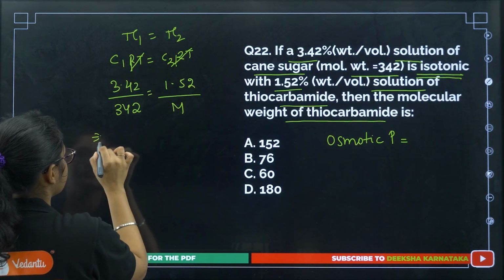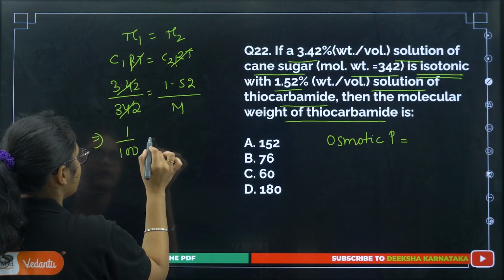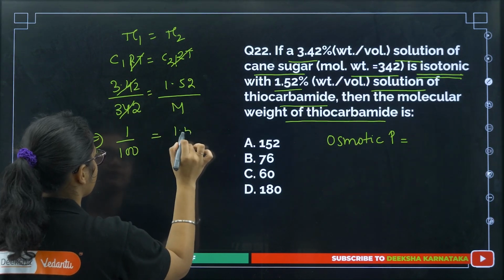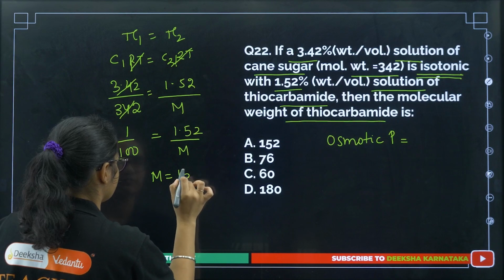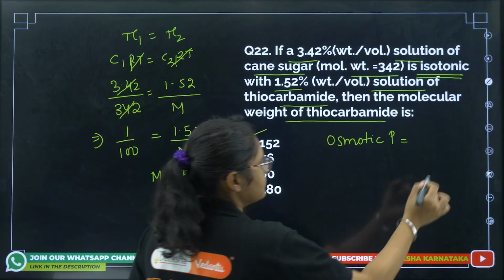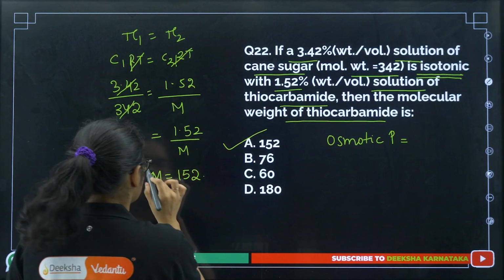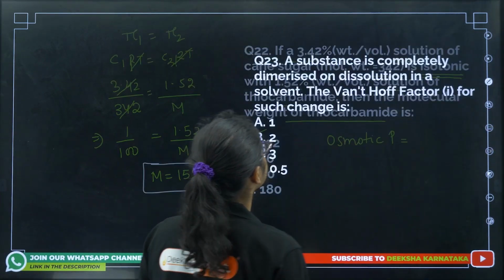If I solve this, I'll get 1 by 100, and molar mass 1.52 by M. So M is equal to 152. The correct answer for this question will be option number A, right? So very easy calculation. Fine. Now coming to the next question.